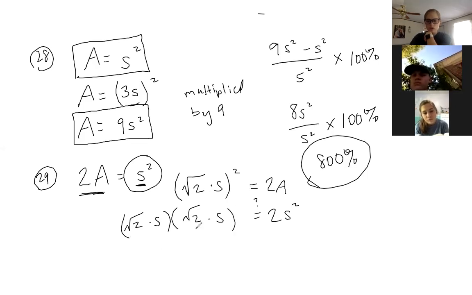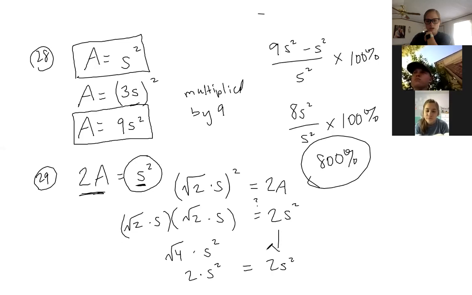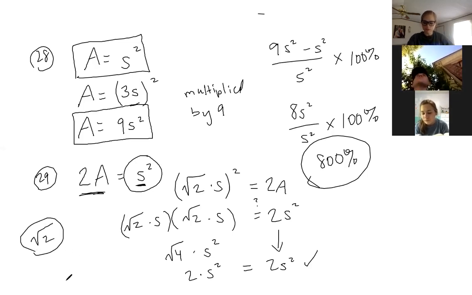The square root of 2 times the square root of 2, that's the square root of 4. S times s is s squared. Square root of 4 is 2 times s squared. Is that equal to 2s squared? Yes, it is. So what would I have to multiply a side by? Square root of 2. Very good.